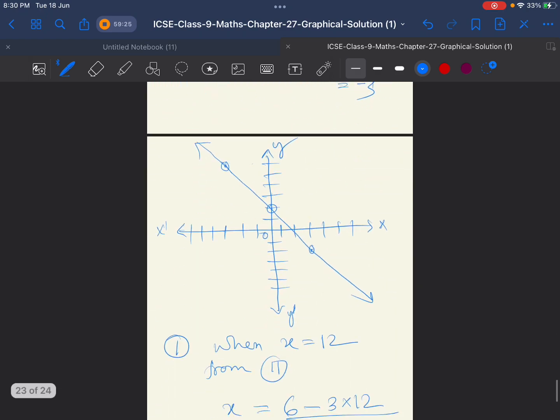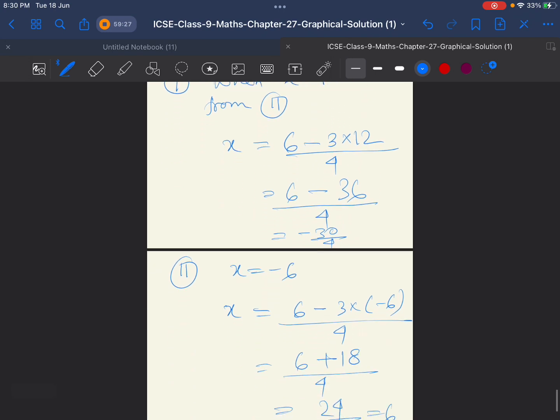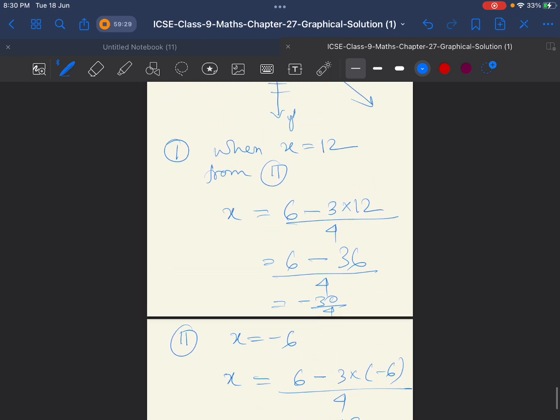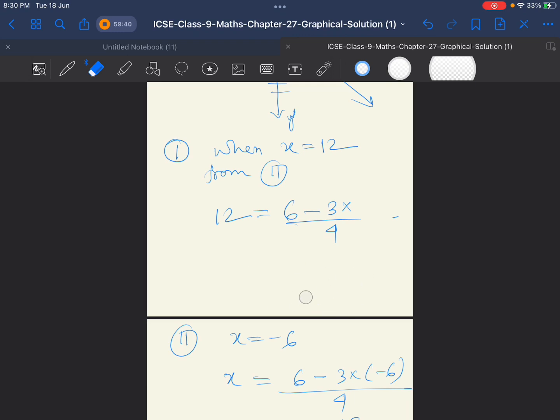So when x equals minus 6, then the value of y. Here, sorry, here x equals 12.